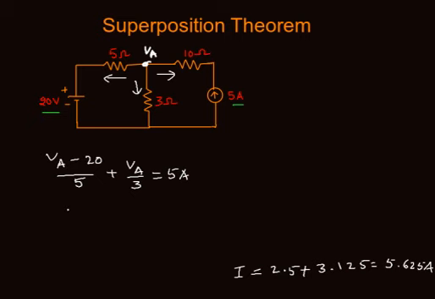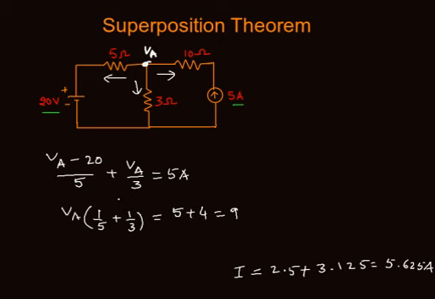If I take VA common, then (1 by 5 plus 1 by 3) VA is equal to 5 plus 4, which is 9.